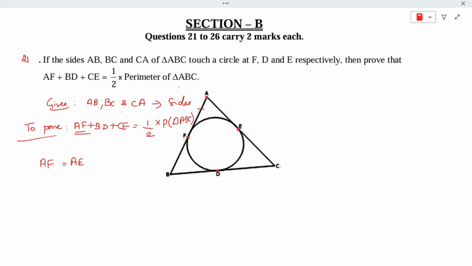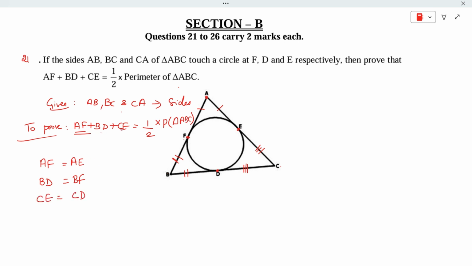The length of the tangents are equal at the point of contact. So AF is equal to AE. Similarly, come to the next BD. So what is BD? BD is equal to BF, right? So B is external point and BD and BF are the two tangents from the external point touching the point of contact at F and D. So the length is going to be equal. Similarly, CE is equal to CD.